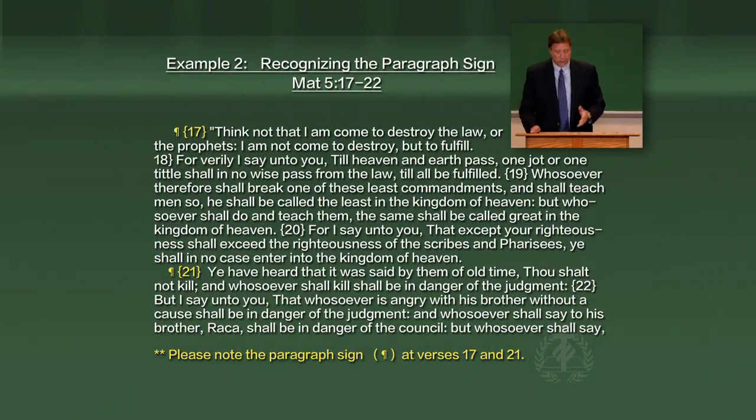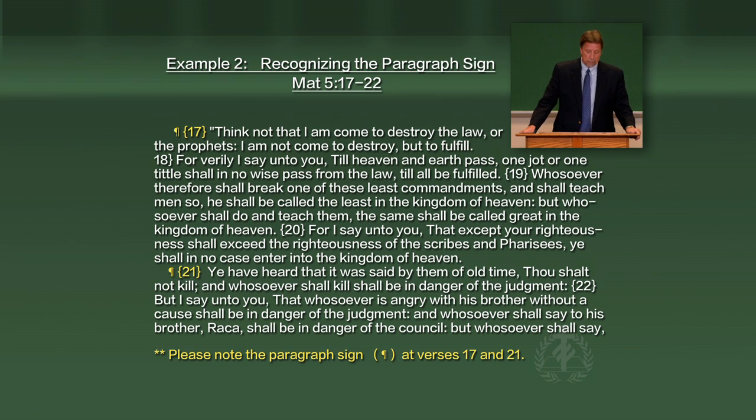Now, let's go on to a second example. Again, the emboldened number is the first example. The second example is recognizing a paragraph sign. Other Bibles use the paragraph sign, which is like a backward P with a dark embold around the inward portion of the P and a line following. It's a paragraph sign. And guess what?